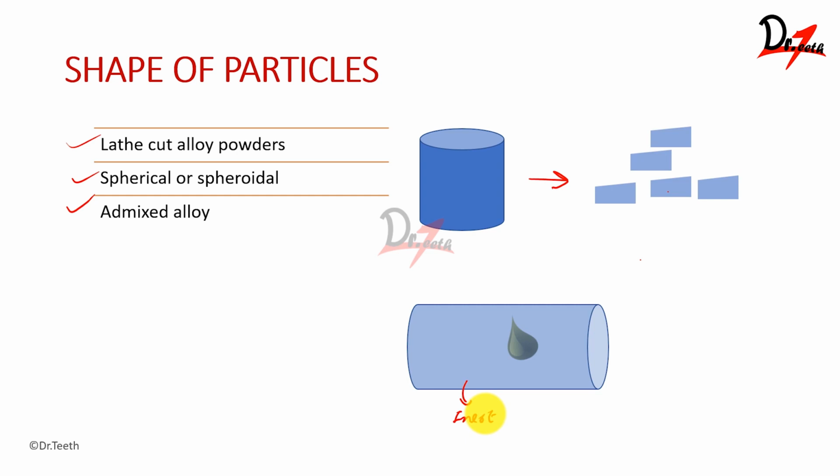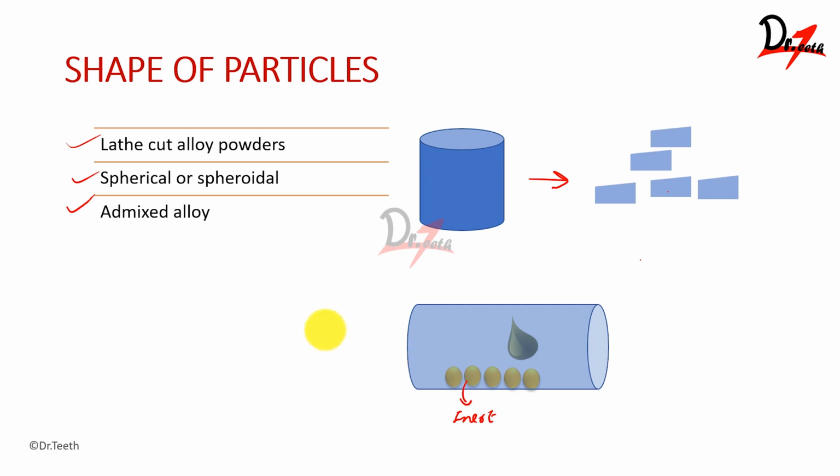So what will happen throughout its journey while it's traveling inside, the droplets of the alloy, as you can see here, they will solidify as they fall down, okay? Because of gravity they will fall down, and they will solidify and form spherical or spheroidal shape.